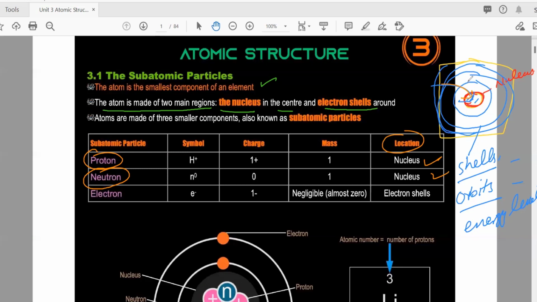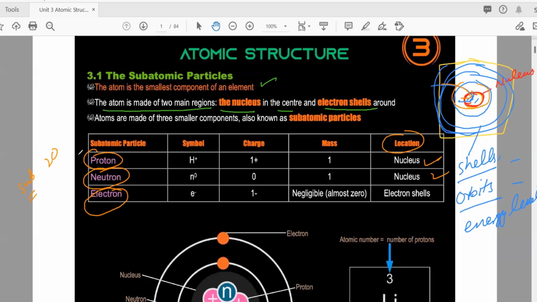And in the shells around the nucleus, what will you find? Electrons. There are more than 20 subparticles in the atom, but here we will talk about only these three in your syllabus.